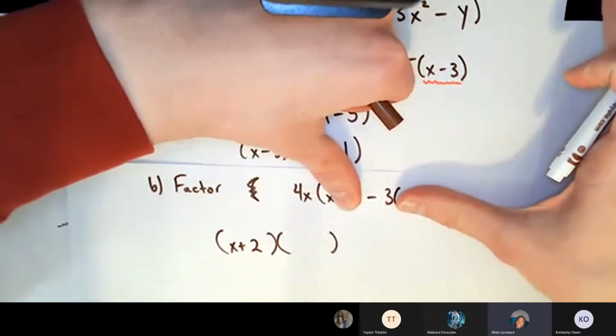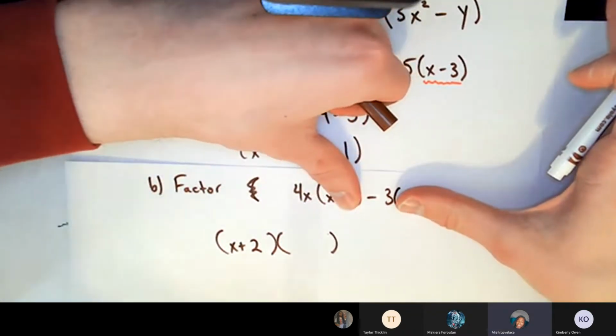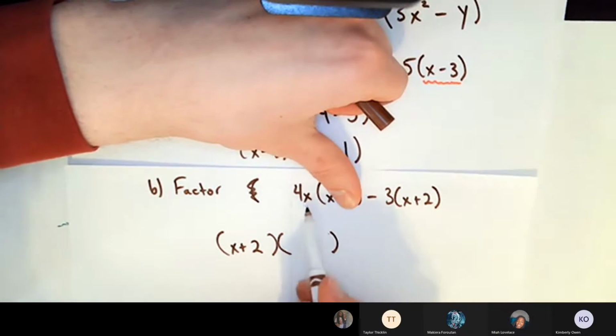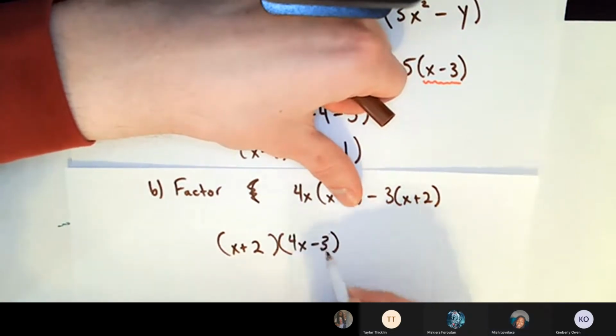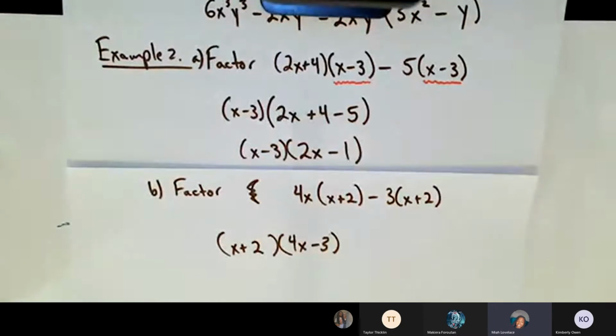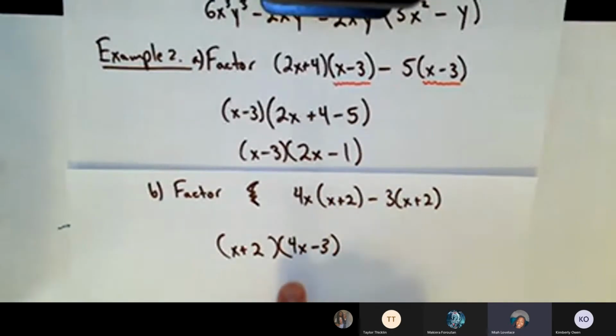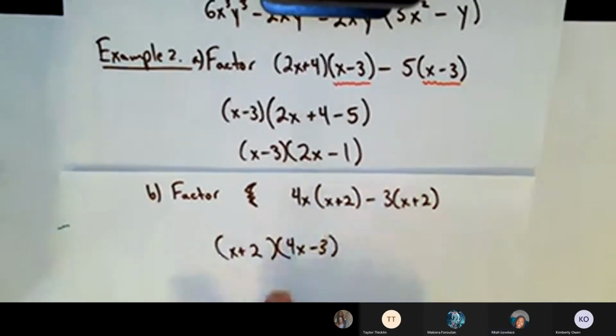So we factored x plus 2 out, and what are the pieces that will be left over? Negative 3. And what about the first term? 4x. So 4x minus 3. I said negative 3, that's all right. So 4x minus 3. There we go. So this factors into this.